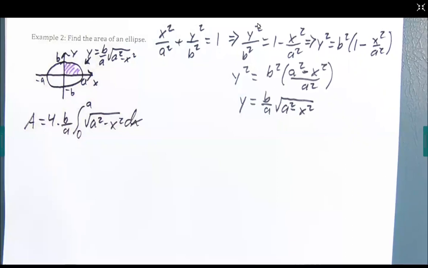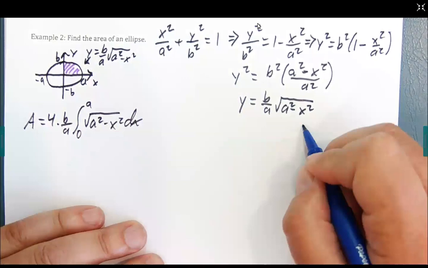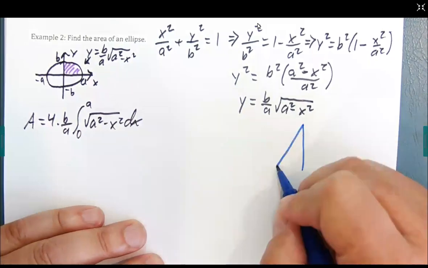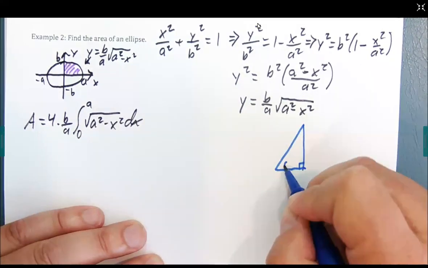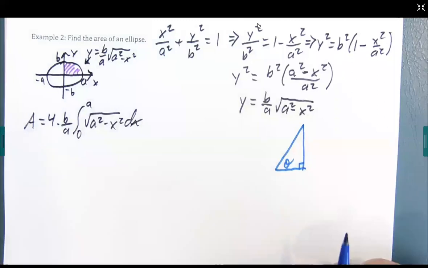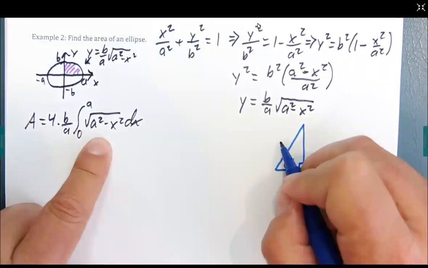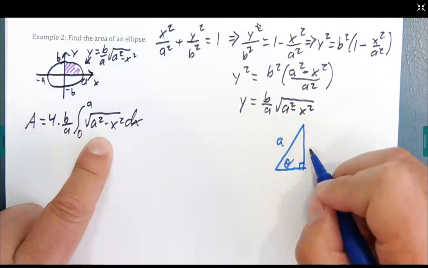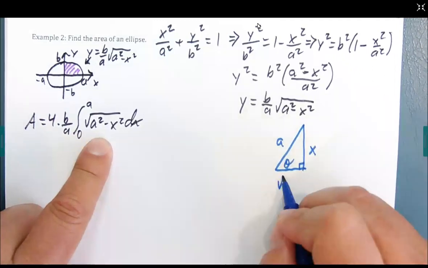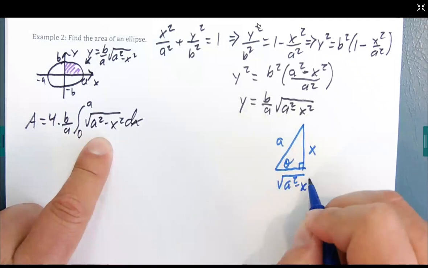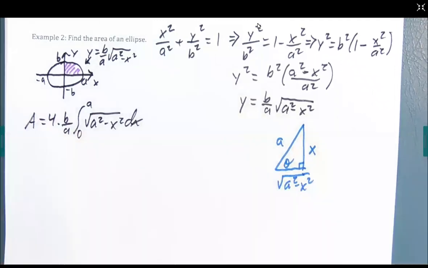All right, so let's set up a triangle and get our information. And it looks like we once again have a subtraction. So our hypotenuse is a in this case. Our side is x, which makes the square root of a squared minus x squared the other leg.